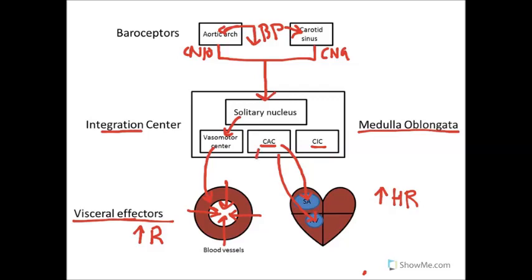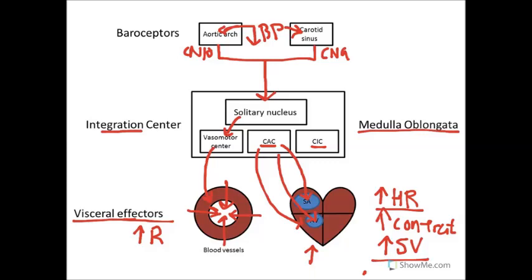But another thing it does is it goes to the heart muscles, the tissues of the heart, to increase contractility, which this increase in contraction will thereby increase stroke volume. Now, if I've increased stroke volume and I've increased the heart rate, I am increasing the cardiac output.